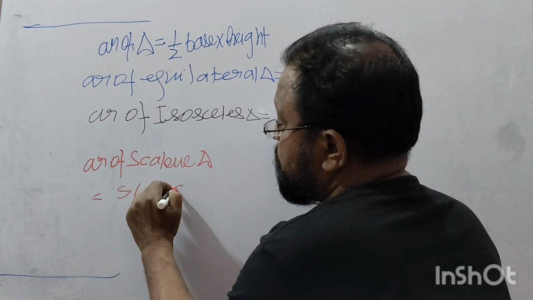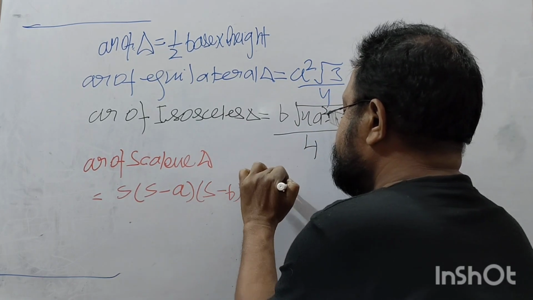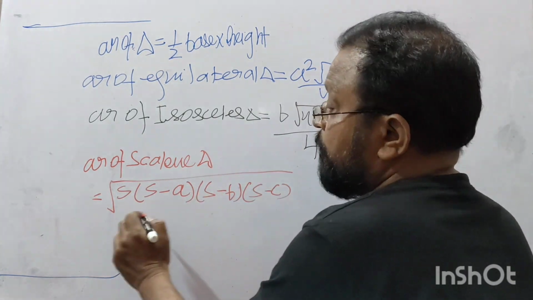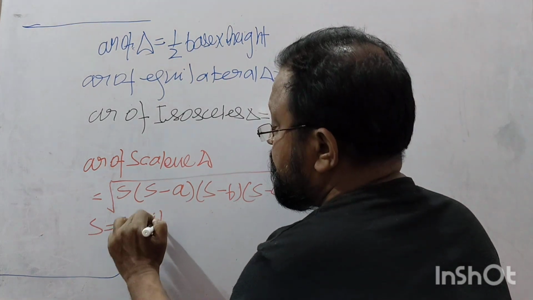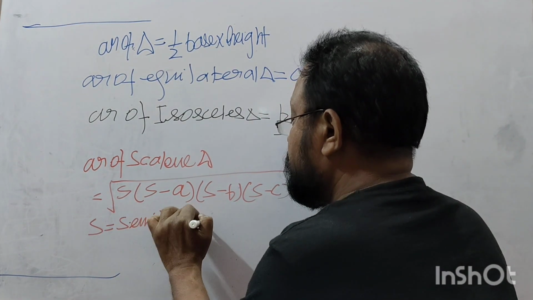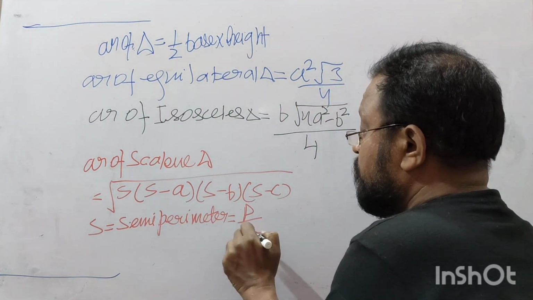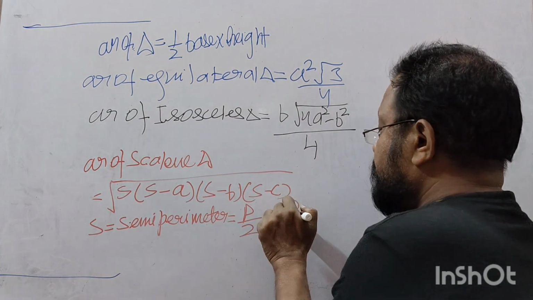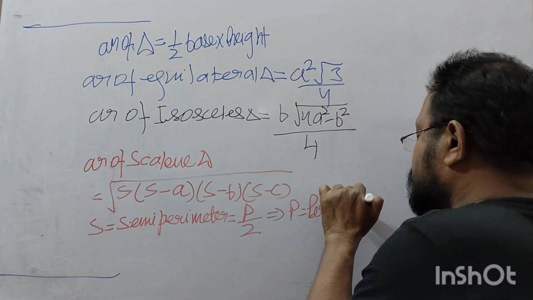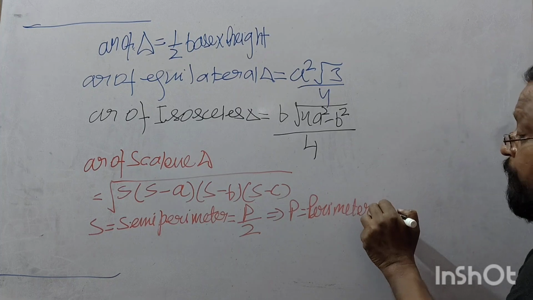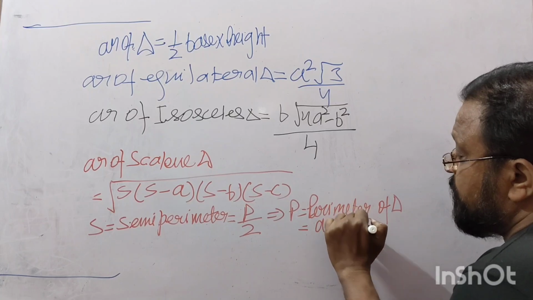s into (s minus a) into (s minus b) into (s minus c) root over, where s is equal to semi perimeter, that is p by 2, where p is perimeter of triangle, that is a plus b plus c.